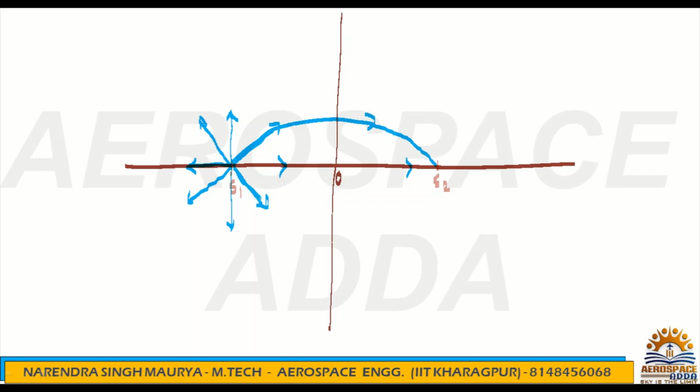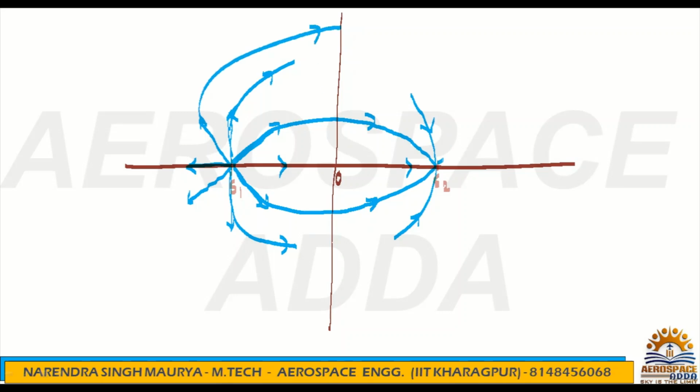Similarly, the source is generating the flow, but the sink will be absorbing it. Even with this streamline, because this is the sink, the flow will be absorbed, and for the source the flow will be generated, something like this.